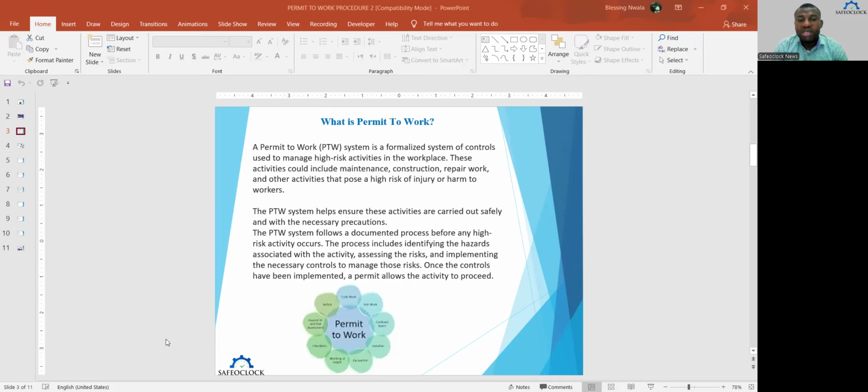So permit to work is a system that helps ensure that activities are performed safely, because before a permit is signed off, there are certain criteria, certain requirements that must have been met by the person receiving the permit. And this will ensure that the work activity goes safely.